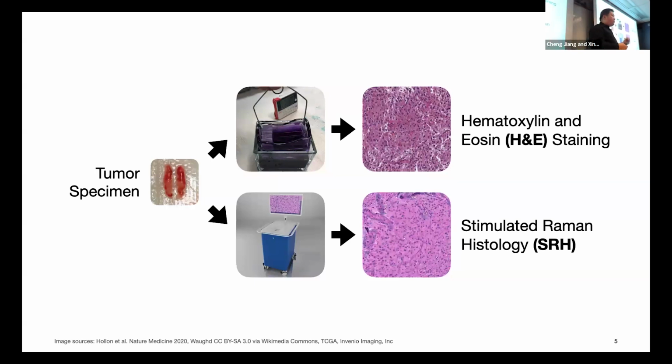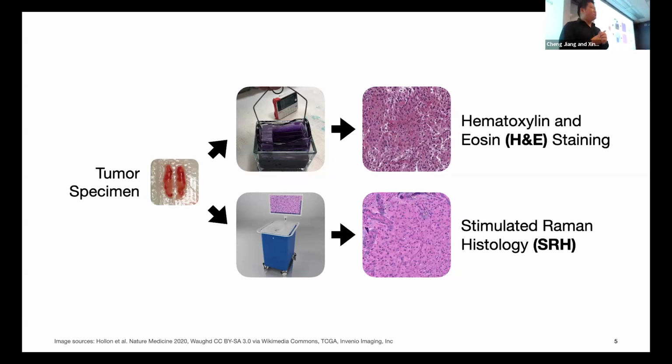But SRH also has another big advantage in that the data is very standardized. We don't need to rely on technicians' experience, or worry that they overstained or understained something, and there's no variability between different institutions. SRH is a very standard machine, a very standard microscope. So we have the tissue in, and it doesn't matter which microscope it is, the image will always look the same. So these are the two microscopy modalities that we're working with.